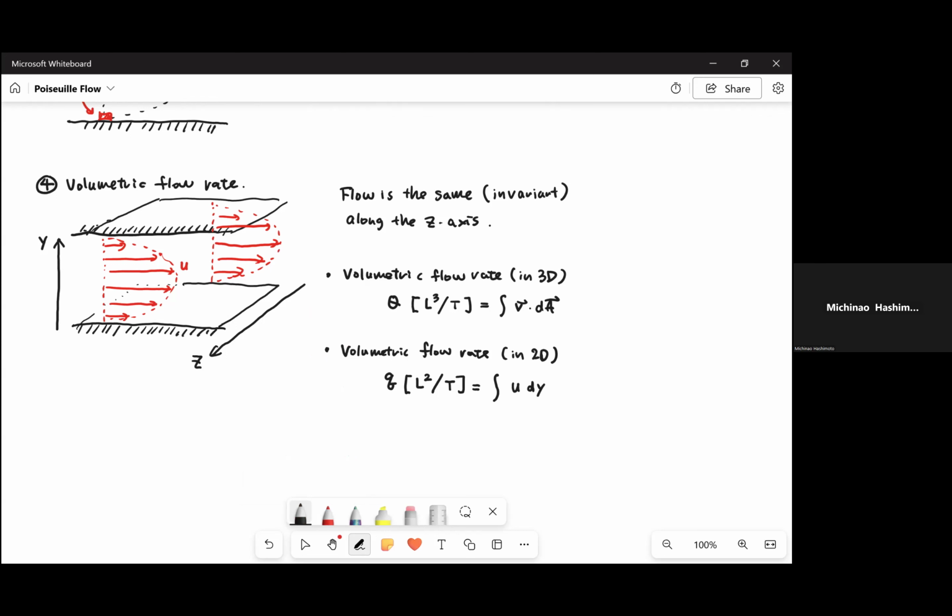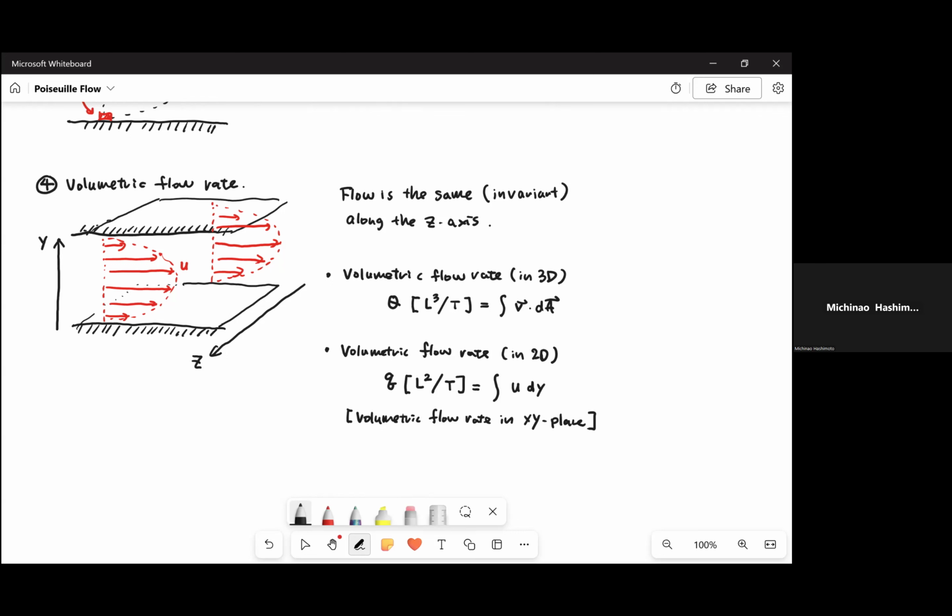So essentially this is the same thing. This is the volumetric flow rate in the xy plane. I hope this distinguishes the two types of volumetric flow.